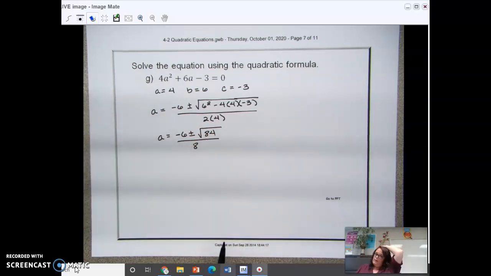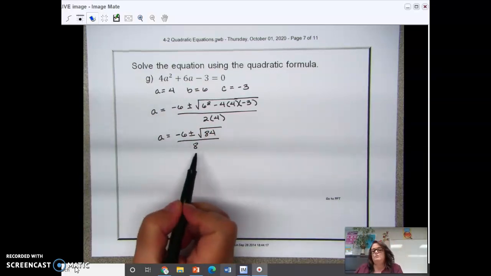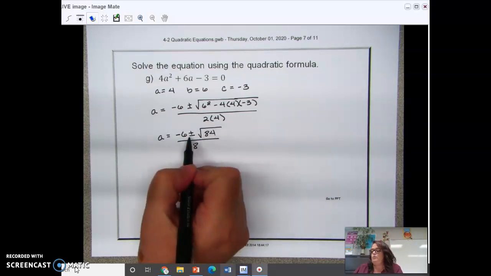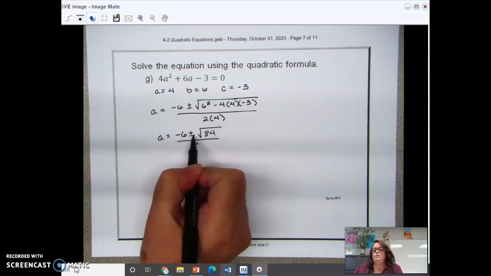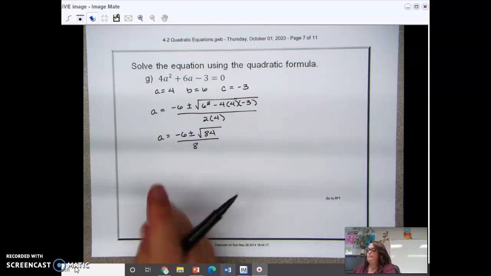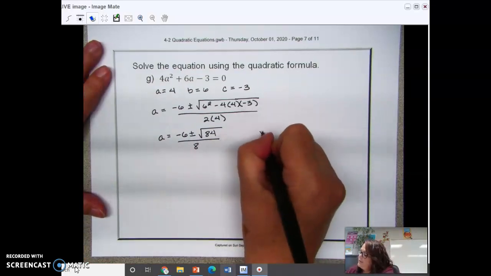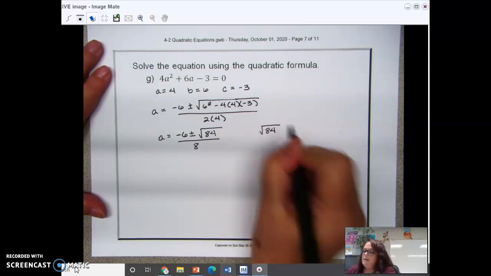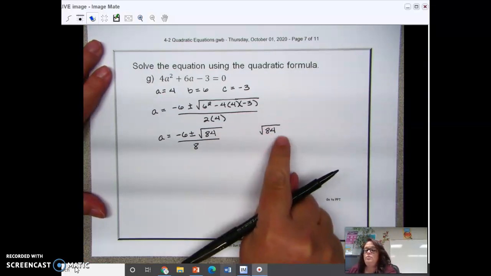Okay, now you might be tempted to want to cancel the 6 with the 8, but remember I've been showing you examples that when you have addition in the middle, you can't cancel it. I have to be able to factor it out of the entire numerator. But I do happen to notice that 84 can be simplified inside that radical. So what you want to try to do is come up with perfect square numbers.